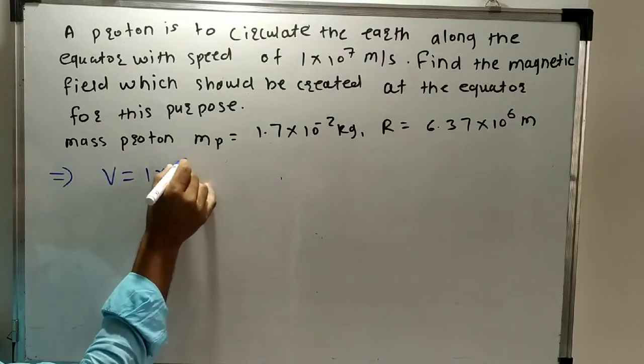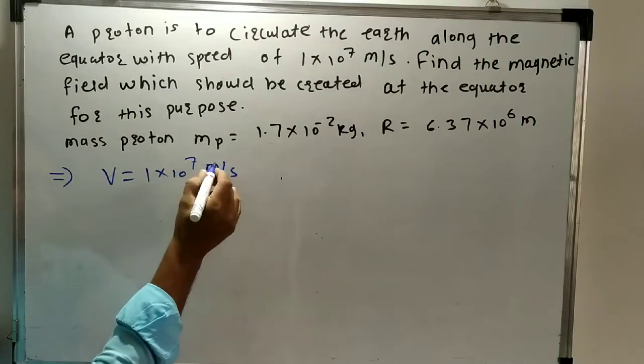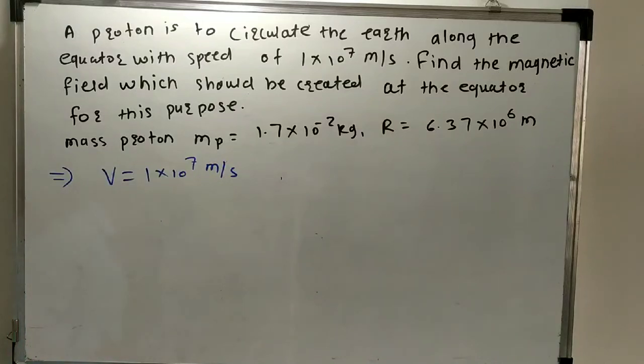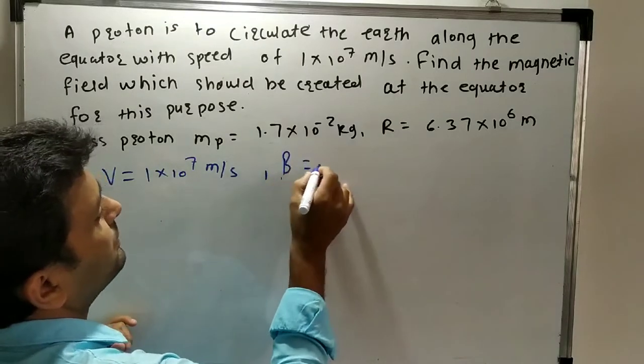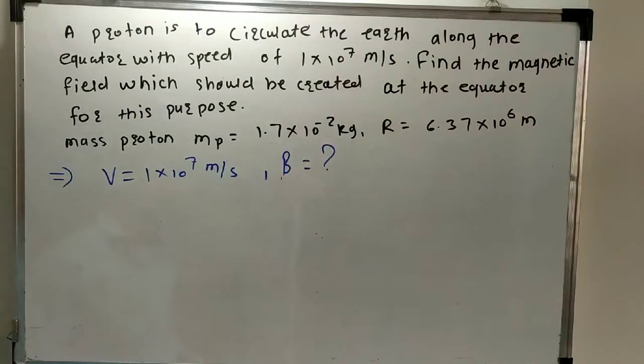Then find the minimum magnetic field, that is B, the magnitude of magnetic induction, which should be created at the equator.